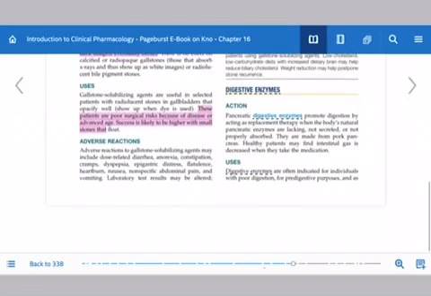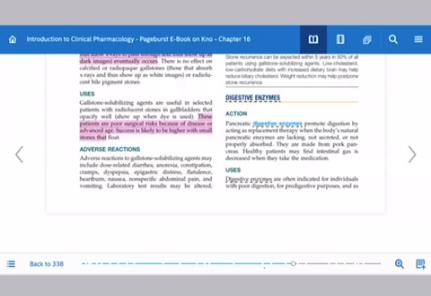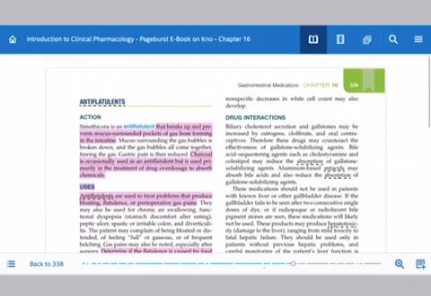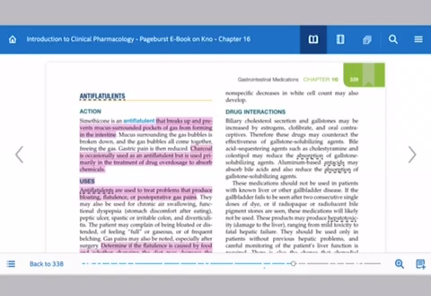Adverse reactions. It can cause diarrhea, anorexia, constipation, cramps, dyspepsia, gastric distress, and laboratory tests may be altered with these medications. Drug interactions: biliary cholesterol secretions may be increased by estrogen, clofibrate, and oral contraceptives.